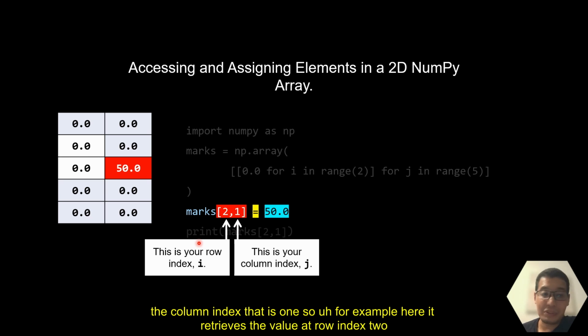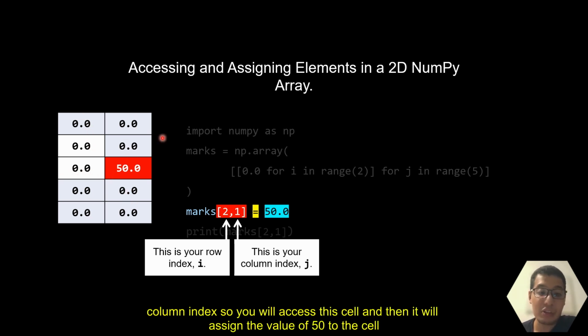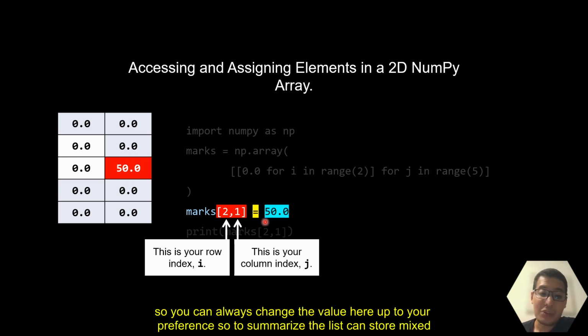Here it retrieves the value at row index 2 and column index 1. So it will be 0, 1, 2 for the row index, and 0, 1, so 1 is the column index. It will access this cell, and then it will assign a value of 50 to the cell. You can always change the value here up to your preference.